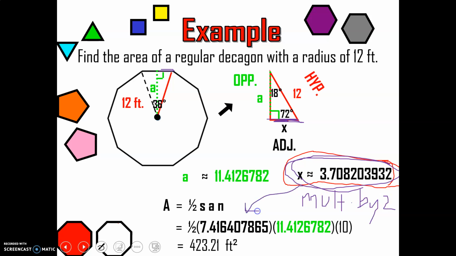When you do so, you end up with about 7.416 multiplied by the apothem, that is 11.4. And a decagon has 10 sides, just like a decade has 10 years. If we multiply all this correctly, our final area should be 423.21 square feet.